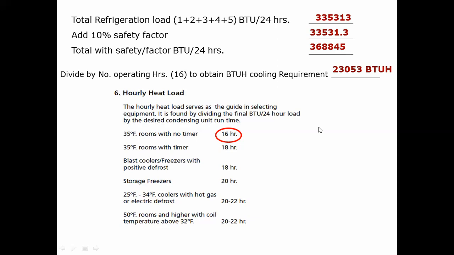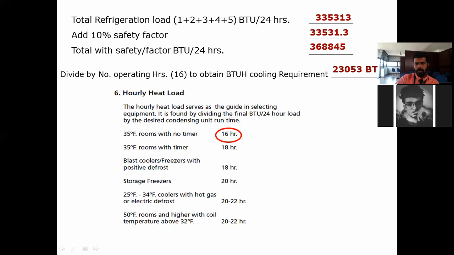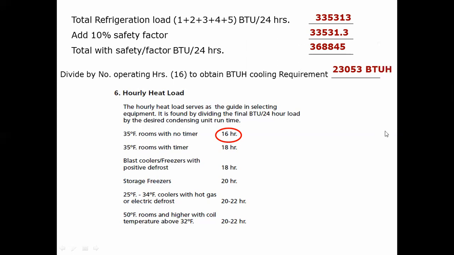We'll be getting this. Okay, anyways, the answer is 1.92 ton. So I'm just skipping this. This is enough. So this is the way that you will be finding out the capacity.